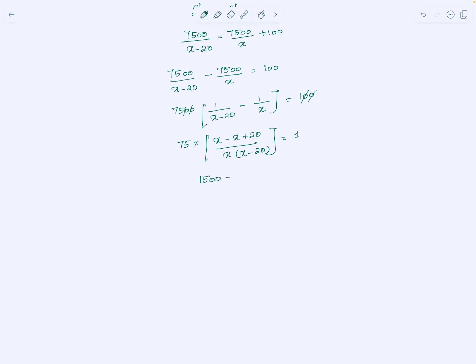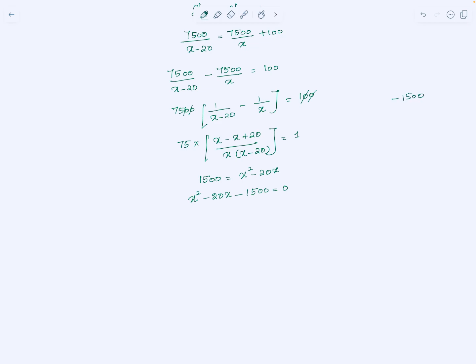That is 1500 is equal to x square minus 20x. Writing this in the standard form, we get x square minus 20x minus 1500 is equal to 0. This is the quadratic equation which represents the given situation.